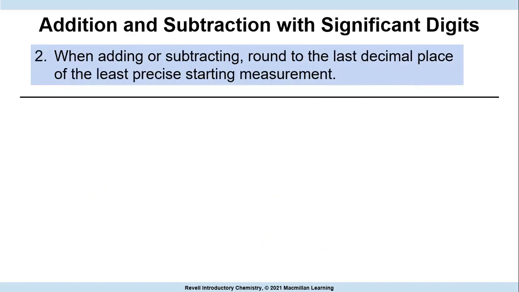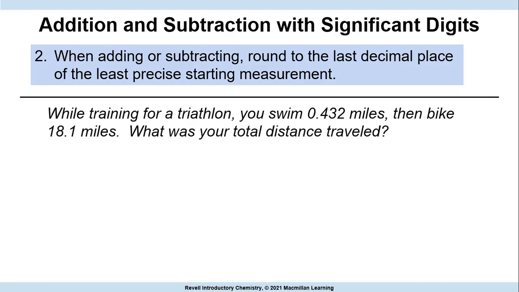Now let's look at addition and subtraction. For multiplication and division, we are looking at the least number of significant digits. For addition and subtraction, we are looking at the number of decimal places. So when we are adding or subtracting, we round to the last decimal place of the least precise starting measurement.